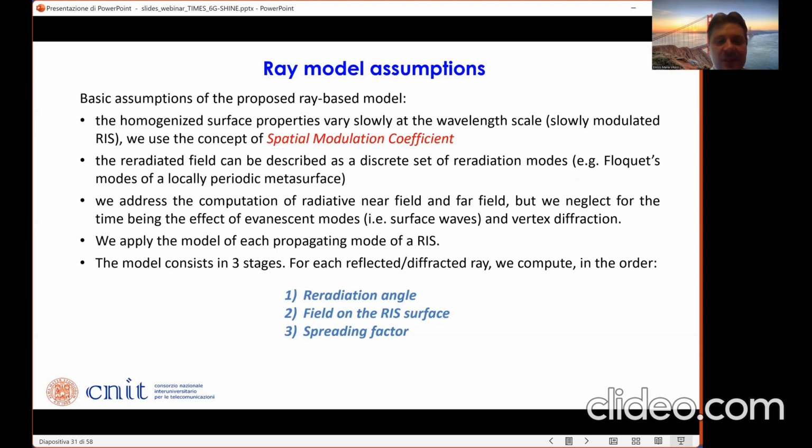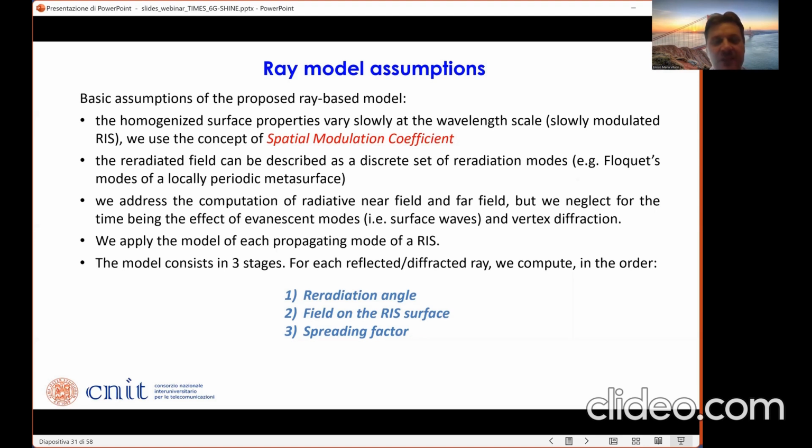The first assumption is that we rely on the concept of homogenized surface, and we assume that the properties of this surface vary slowly at the wavelength scale. So we have basically a modulated RIS, but this modulation is slow with respect to the variation of the wavelength.